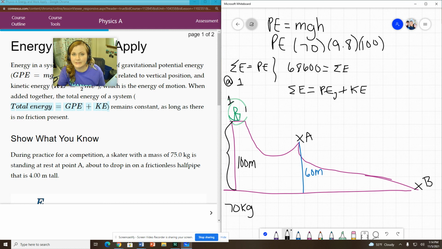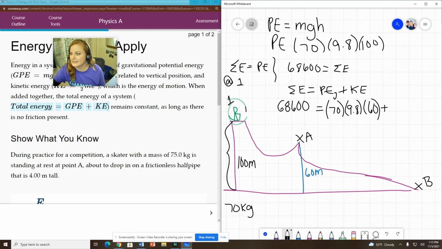So if I want to determine the velocity at point A, I know that total energy is 68,600 joules, by the way. I know potential energy is mass times gravity times height. So that's 70 times 9.8 times 60.